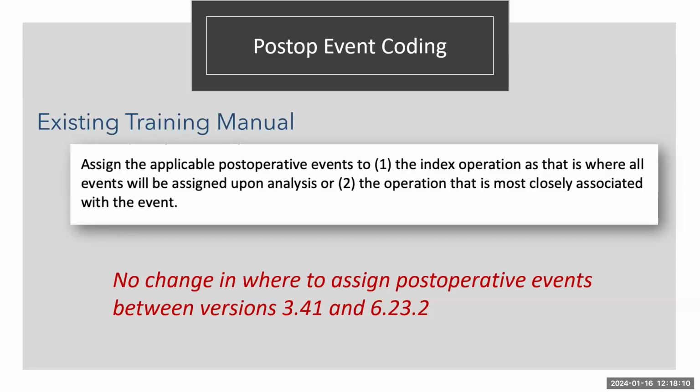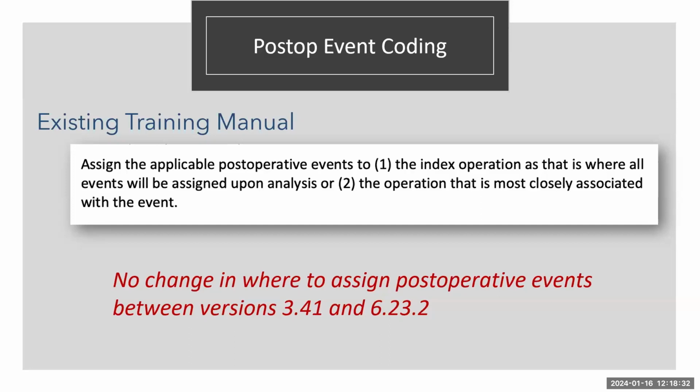There are pros and cons to either way that you do this. So I think it's an organizational decision for you to decide where you would like your post-op events to reside, and maybe talk to other data managers to see what the pitfalls are if you do it one way or another.